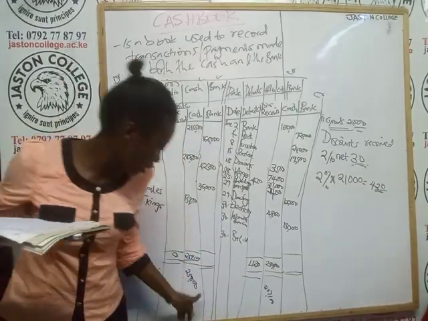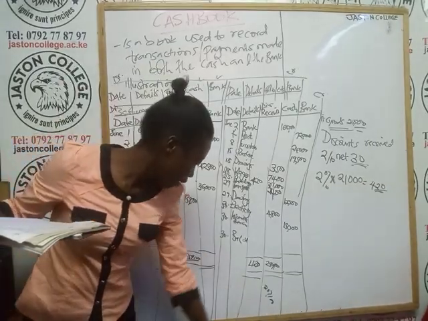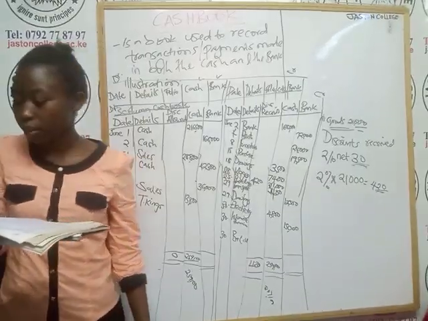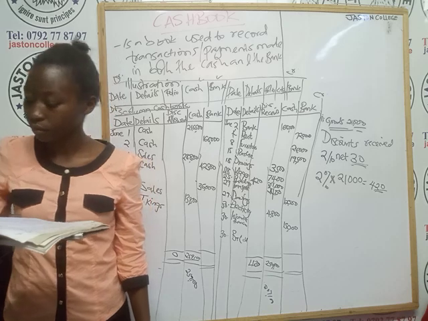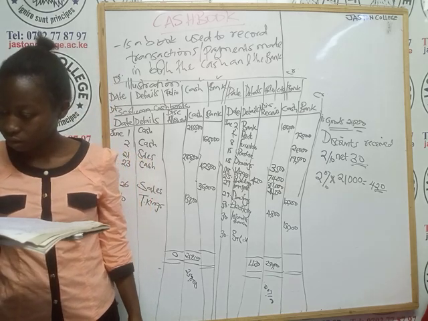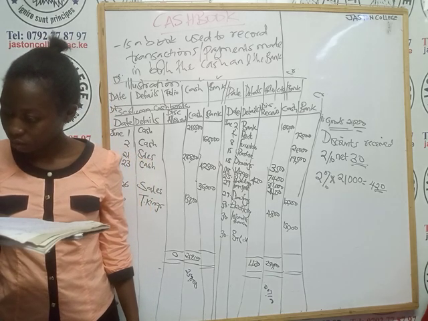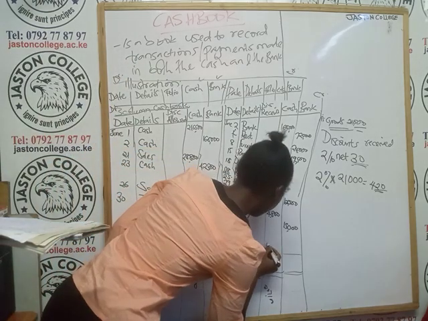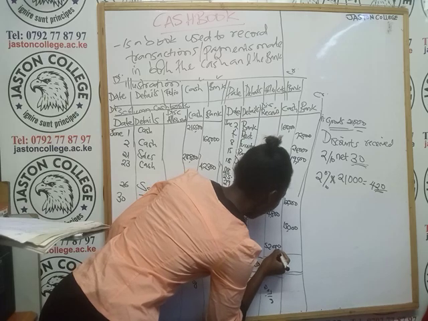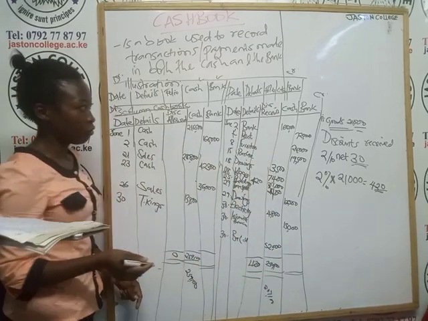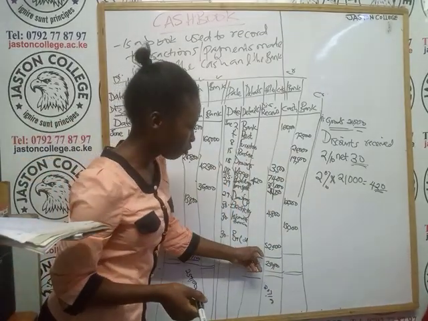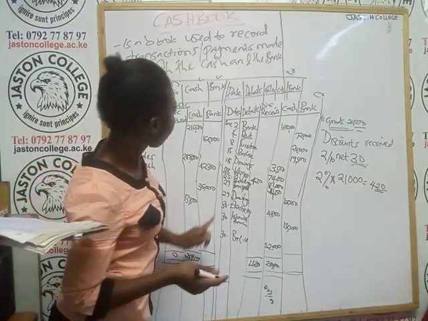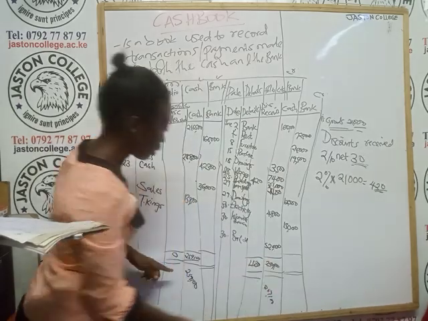We will have 259,100. We less to 207,100. We will get 52,000. 52,000 is our balance carried down. So our balancing figure in the cash will be 259,000.